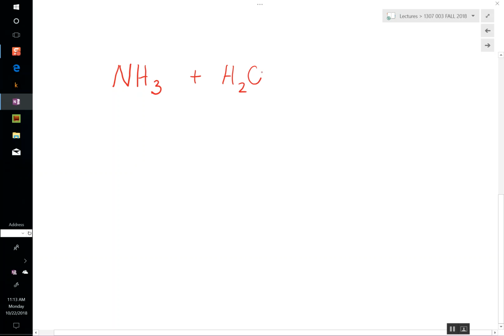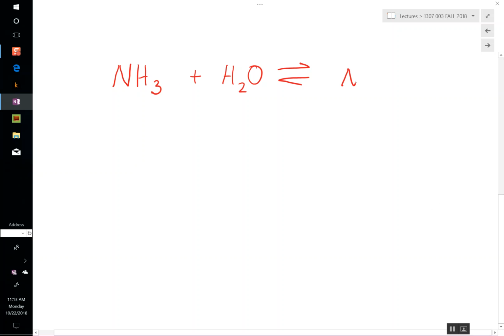If you bubble ammonia into water and make a solution of ammonia in water, remember there's an NH3, there's a bunch of hydrogens there, but that's not acidic. That thing does not actually lose hydrogens.